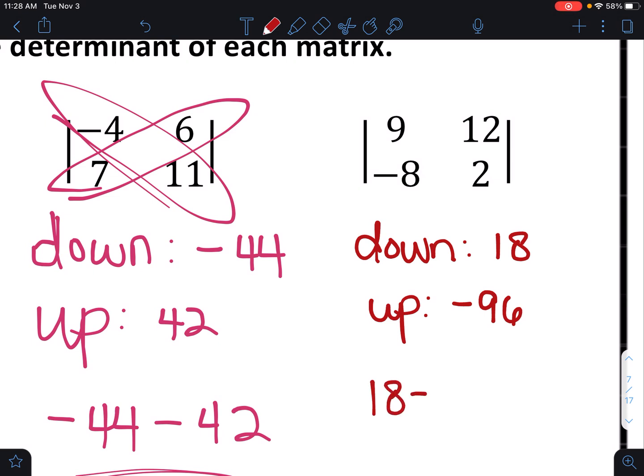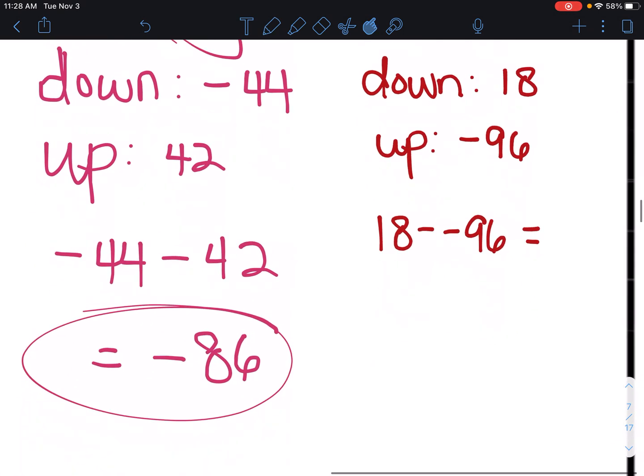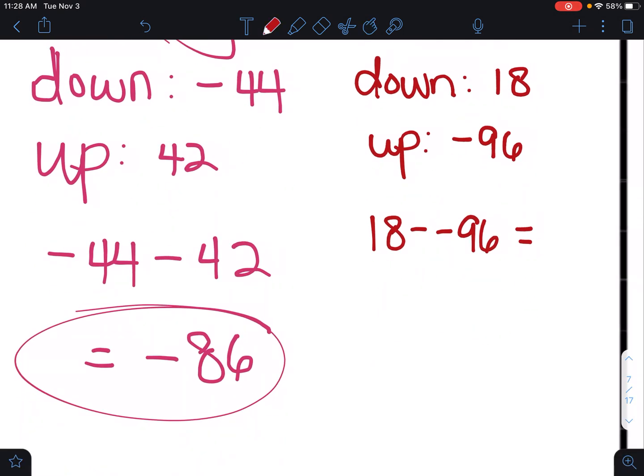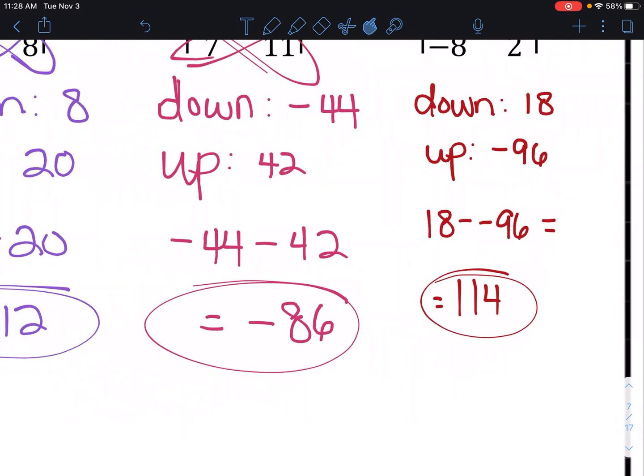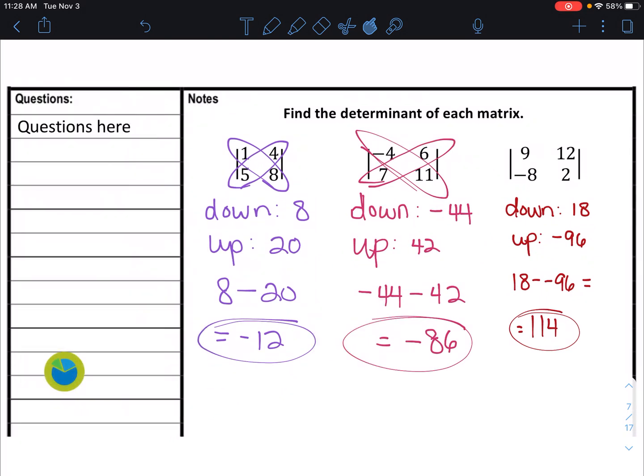That's 18 minus -96, which I guess would be positive 114. All right, that's how you do a 2x2 determinant. You can circle those, you can write the down and up, whatever works for you and makes the most sense.